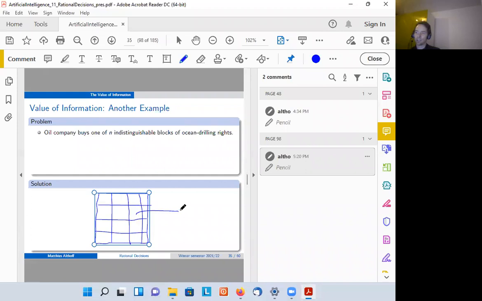Maybe this one has oil, and the other ones don't have any oil. Buying drilling rights has a cost of C divided by N, where N is the number of regions that you can buy. And the value of the oil in one of these squares is C.